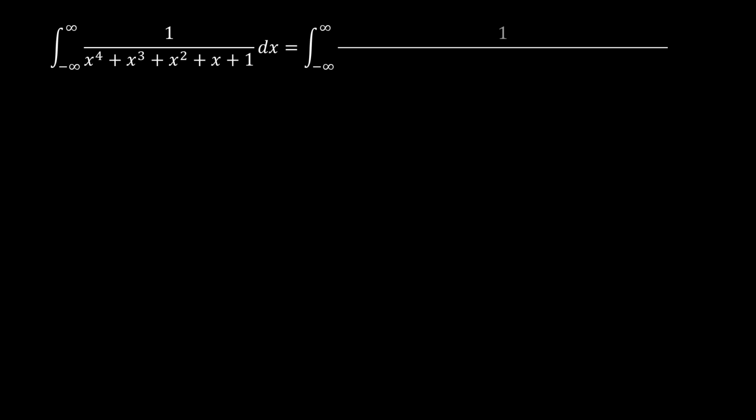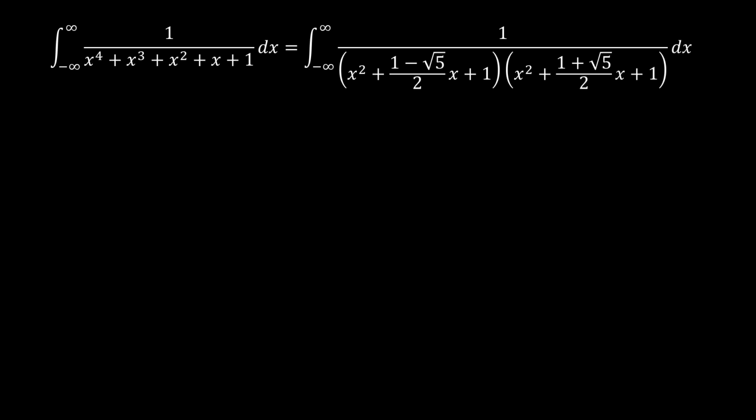So our integration now becomes: the integral of 1 over x to the power 4 plus x cubed plus x squared plus x plus 1 is the same as the integral from x tending to negative infinity to x tending to positive infinity of 1 over the product of x squared plus 1 minus root 5 over 2 x plus 1 and x squared plus 1 plus root 5 over 2 x plus 1.